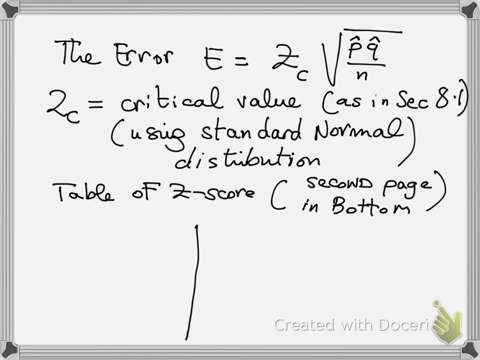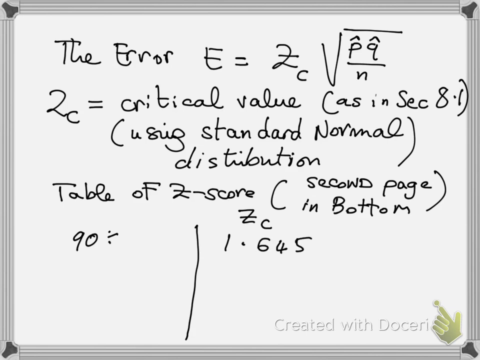For example, if you have a 90% confidence interval, the critical value z sub c would be 1.645.